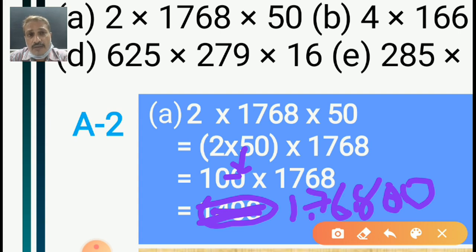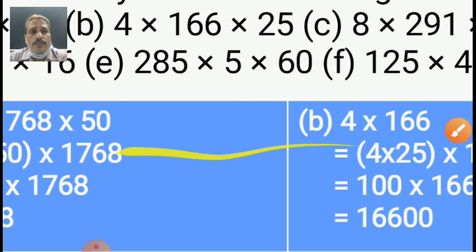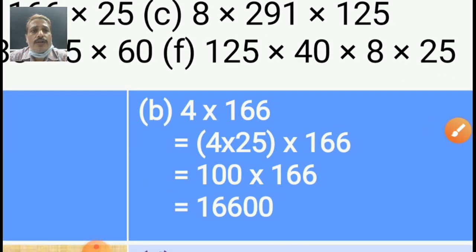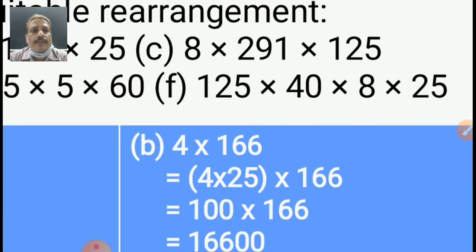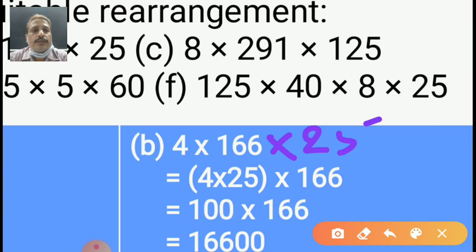Will you move to the second one? Yes, let's check the second one. So correct yourself here, 1,76,800. Now look at question number 2, B. 4 into 166 into 25. What numbers do you have to make together to make 10 or 100?